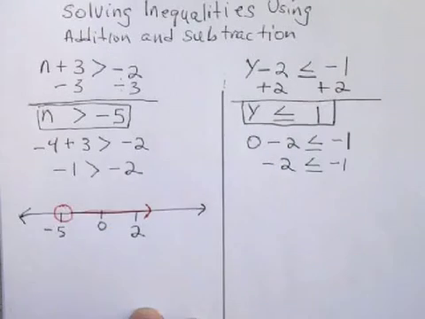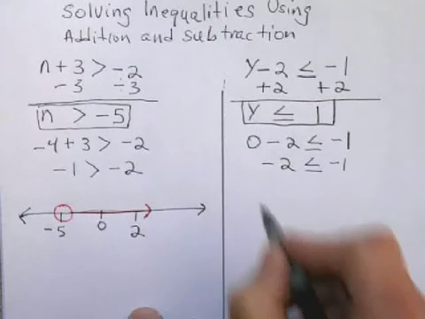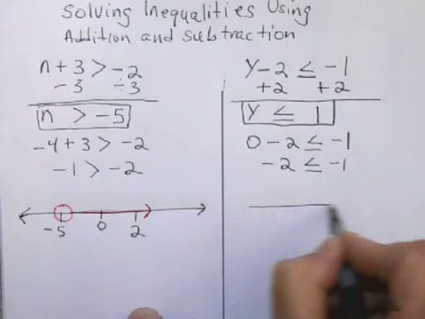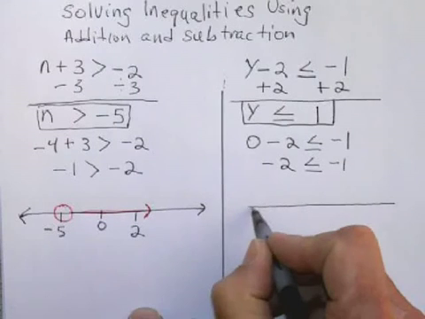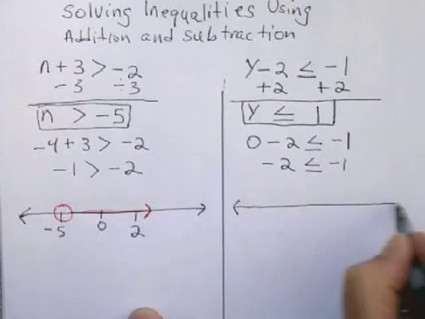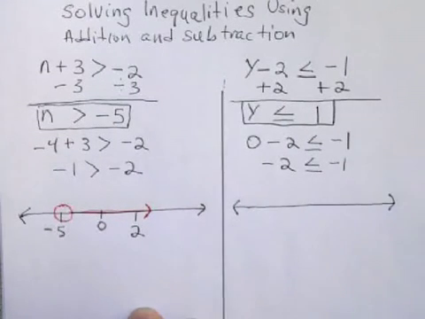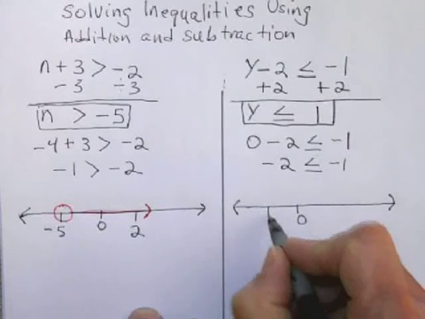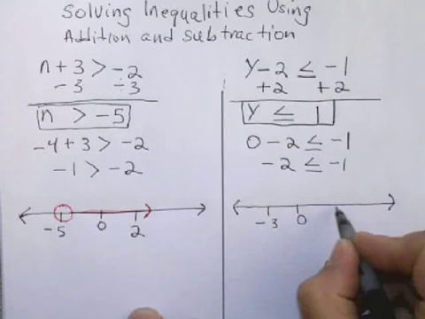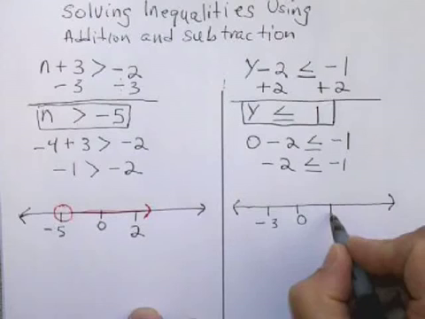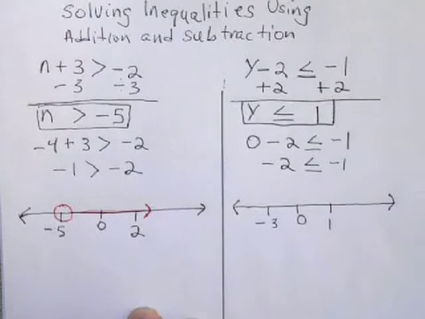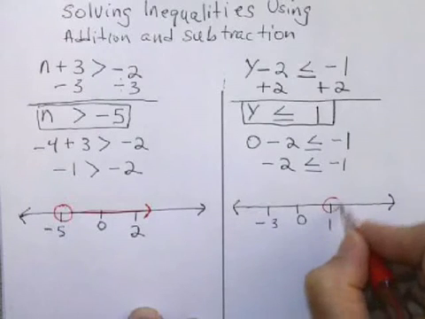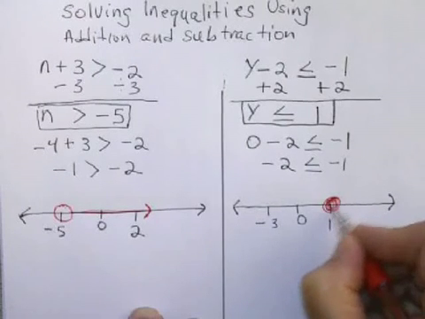Same deal. I need to graph this now. So I'm going to draw another number line and put some arrows on it to show it goes on forever. I'm going to take a couple of values, 0, let's use negative 3, and of course I need to show the number 1. Now, because we're dealing with a less than or equal to, we're going to circle the 1 and fill it in.